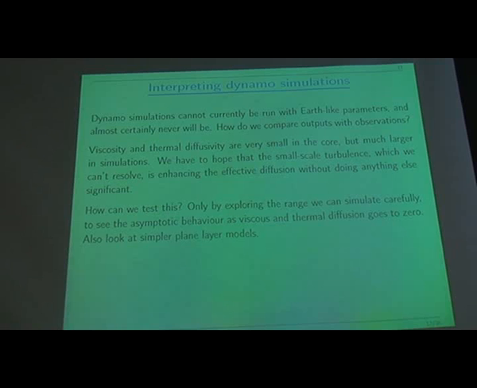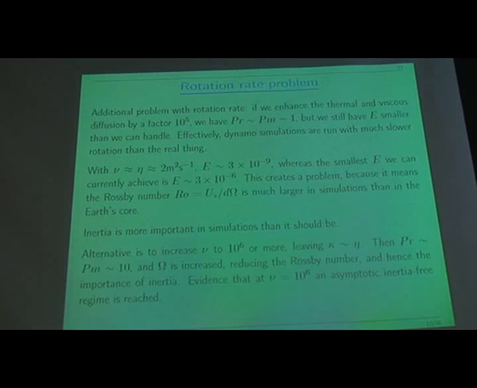And that gives you a better idea of the tendencies, the directions in which these models are going when they're approaching the Earth-like limit, than any one particular simulation actually tells us. We'll never get right down, of course, but hopefully we'll be able to tell whether we're really approaching an asymptotic limit of small E with small Prandtl number, or whether we're not. It's still quite a long way off, of course, but progress is being made.